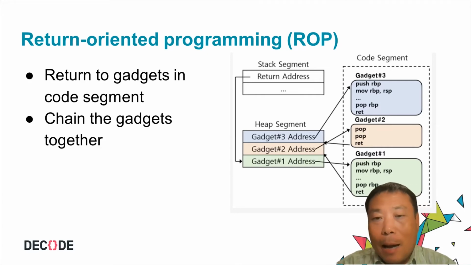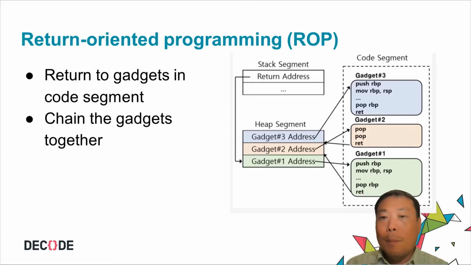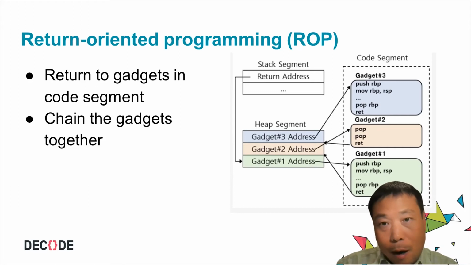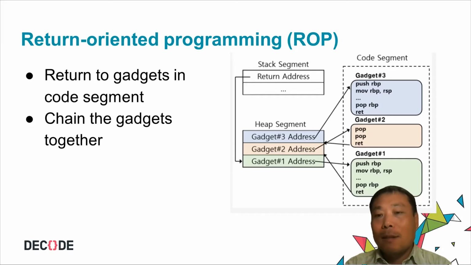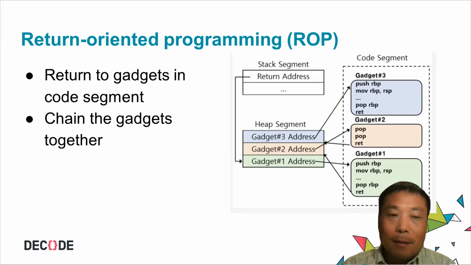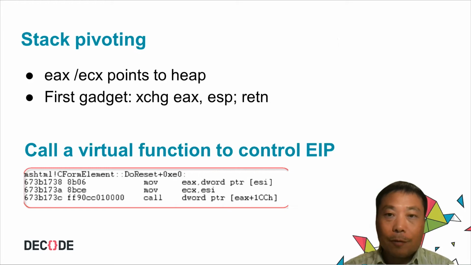Okay, to make this happen, we need to control the stack. We need to put the addresses of our ROP gadgets inside the stack. But it's impossible to control the stack, to change the data inside the stack. So what can we do?